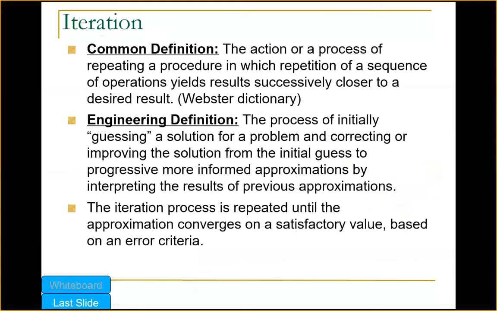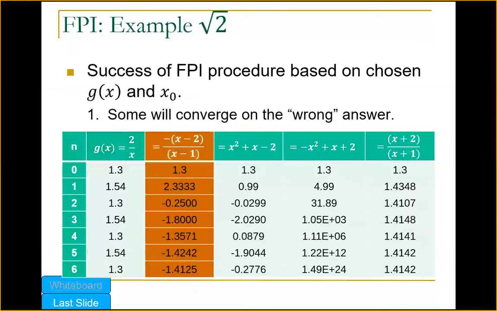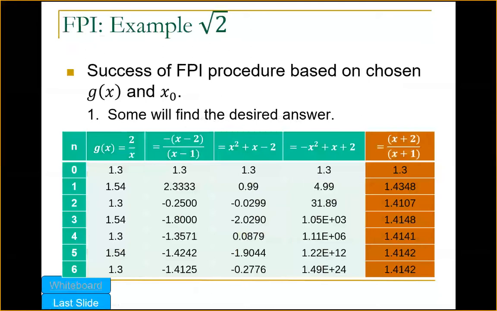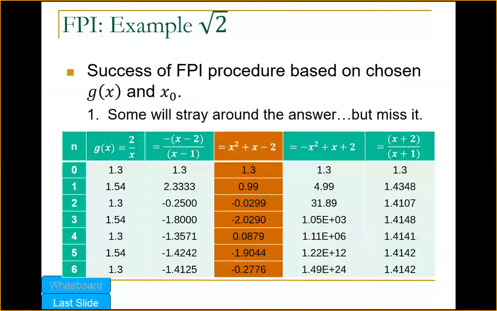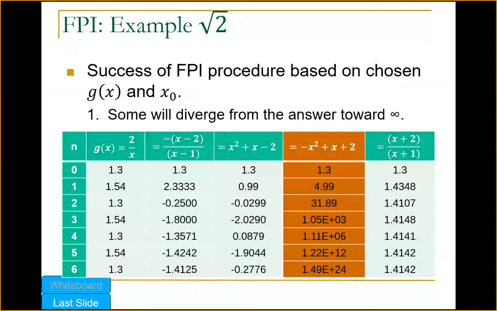So just to show you, you have different options here. This last one is the one that we just did. This one is the one that we did at first. What you can see is that some of them converge, some of them don't converge. Look at this one.